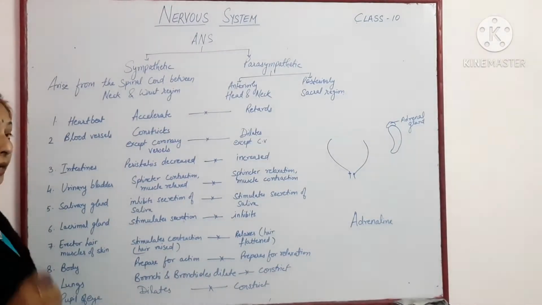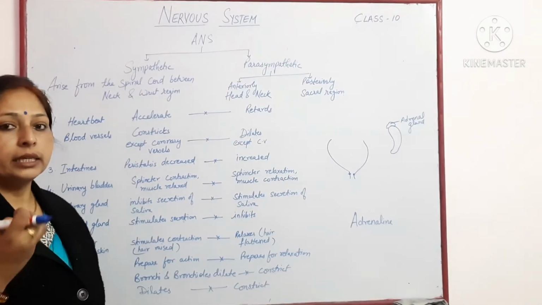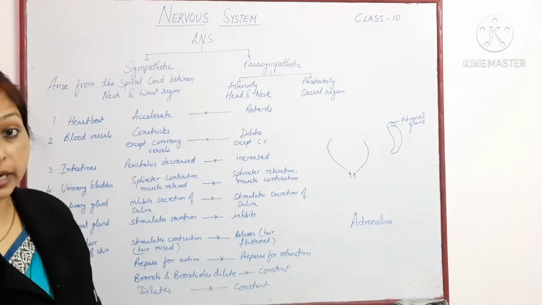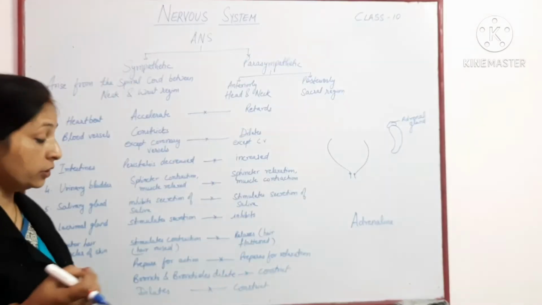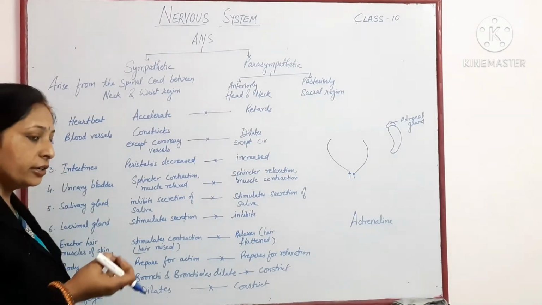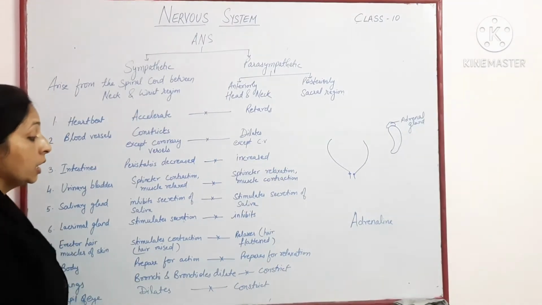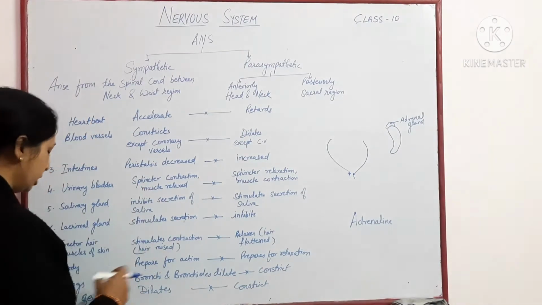Next, the body gets prepared for action. As I have already said, the sympathetic is controlled by adrenaline, the fight or flight hormone, responsible for the immediate response. So the body prepares for action. In the other case, the body gets relaxed, so it prepares for relaxation.